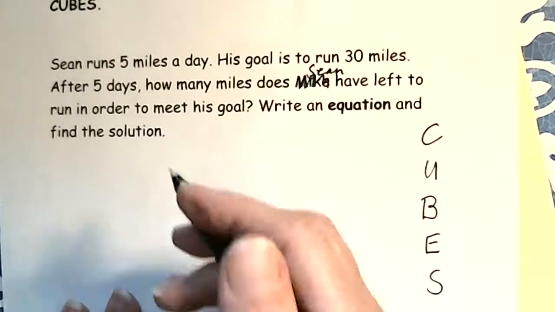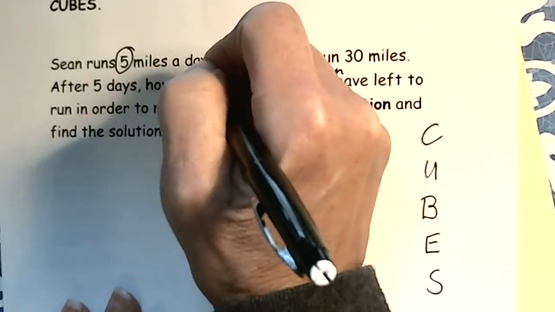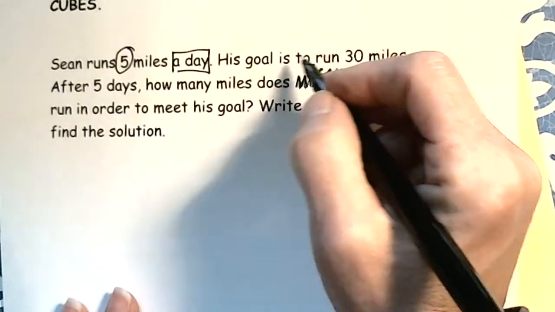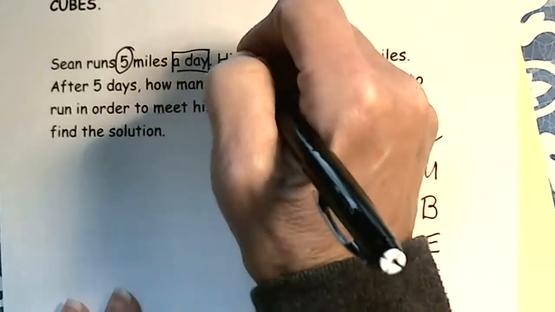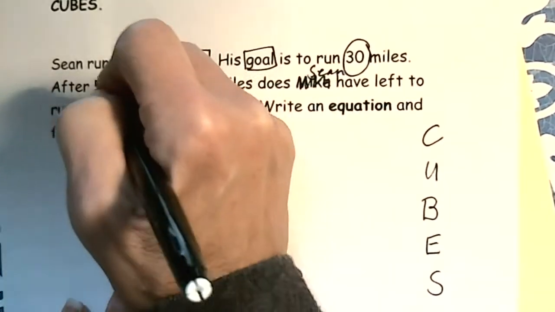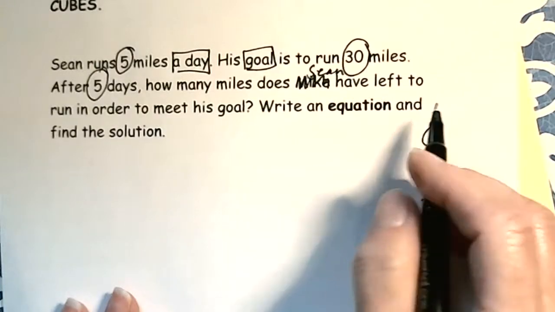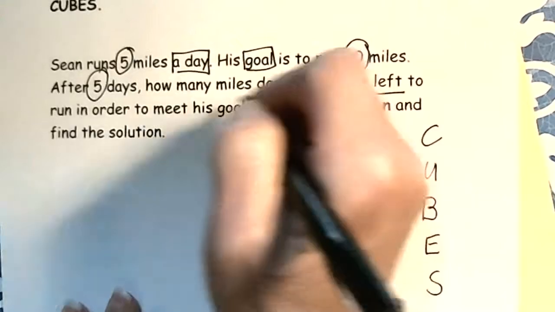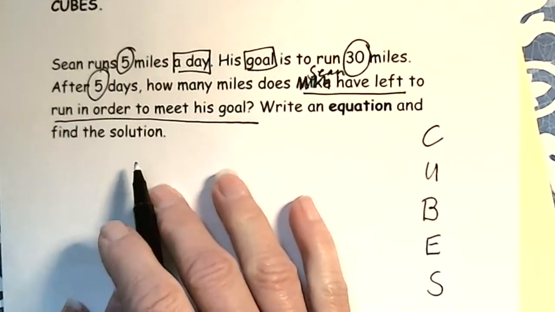So I'm going to go back, and it says Sean runs 5 miles a day. I'm going to box that. His goal is to run 30 miles. Box that goal. After 5 days, how many miles does Sean have left to run in order to meet his goal? Write an equation and find the solution.